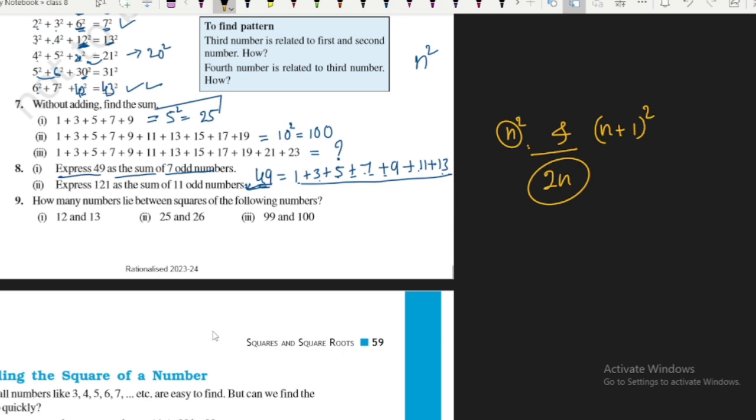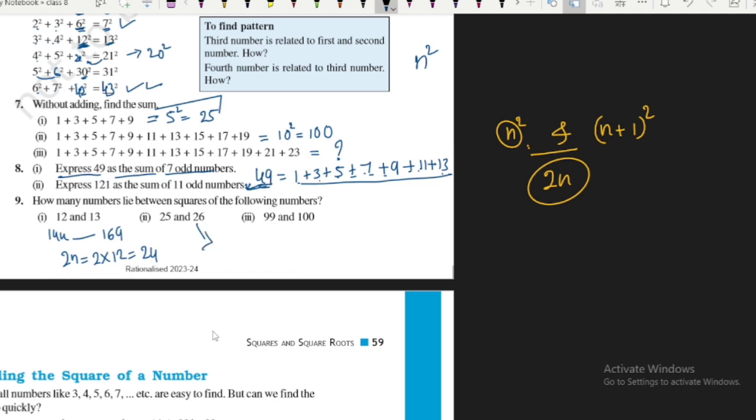For example, between 12 square and 13 square, that is between 144 and 169, how many numbers are lying? That is 2n, 2 into 12, so 24 numbers are lying.